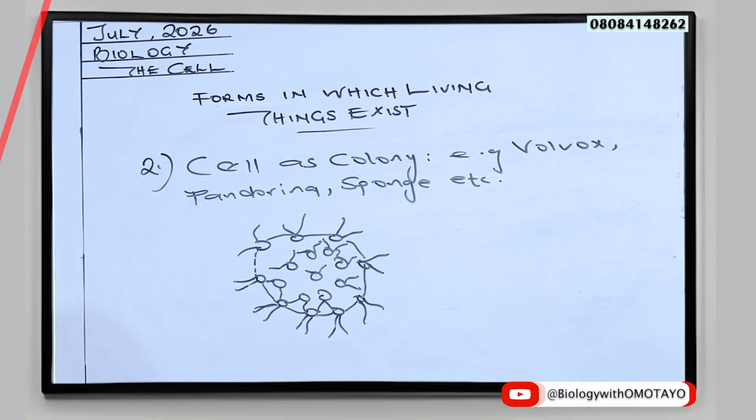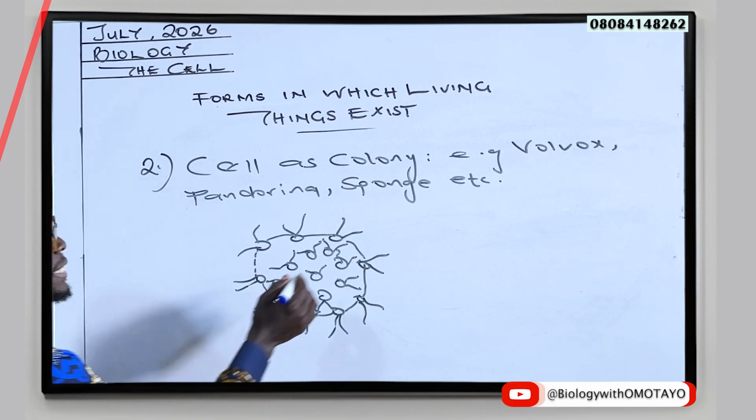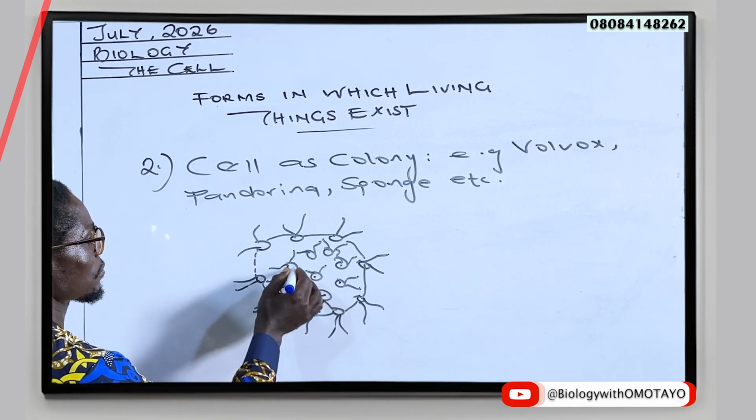Okay, this is an illustration of what a colony of volvox looks like. And as you can see, these are independent cells.